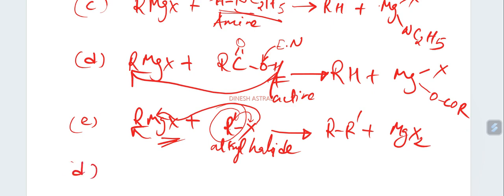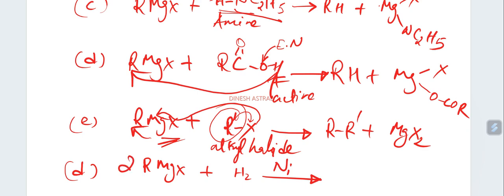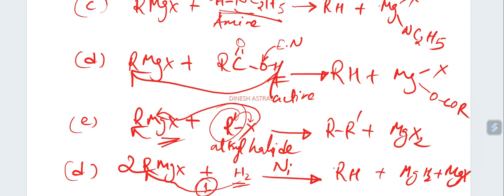Alkane can also be formed if Grignard reagent reacts with hydrogen in presence of catalyst nickel. So this is catalytic reduction of Grignard reagent. Here also one hydrogen will bind up with this R group, you'll get RH plus MgH2 plus MgX2.